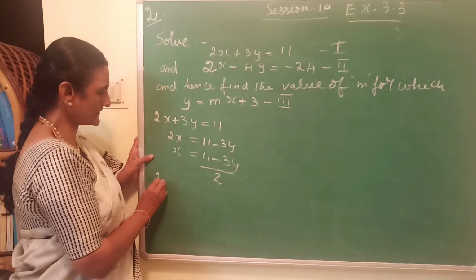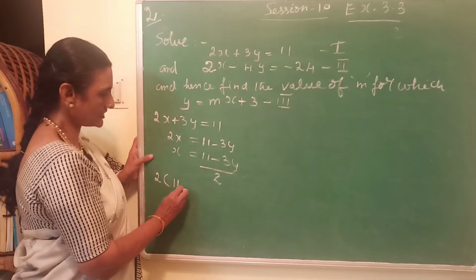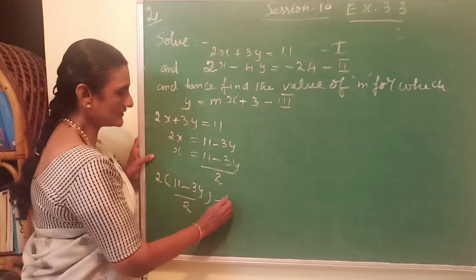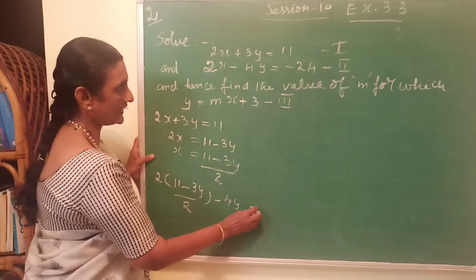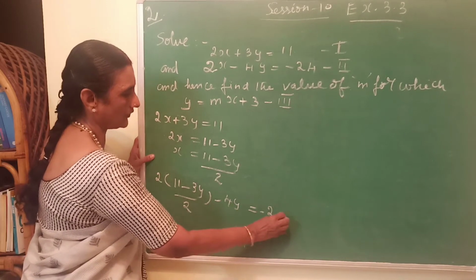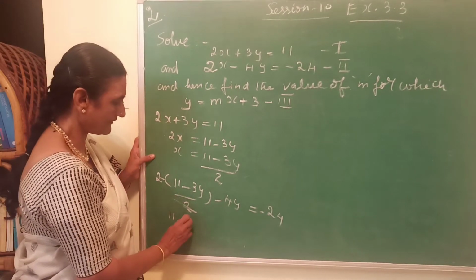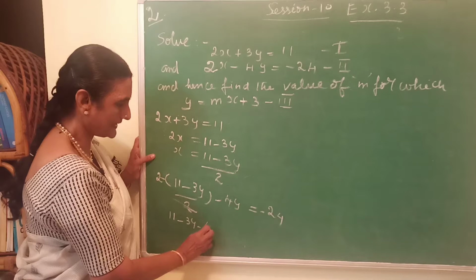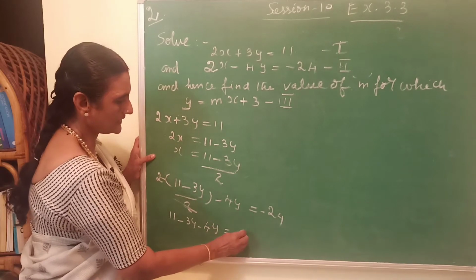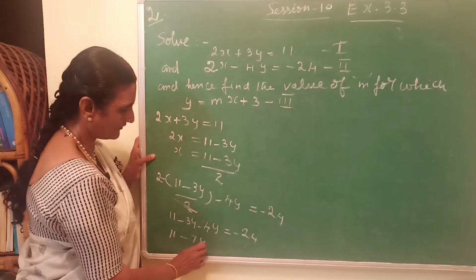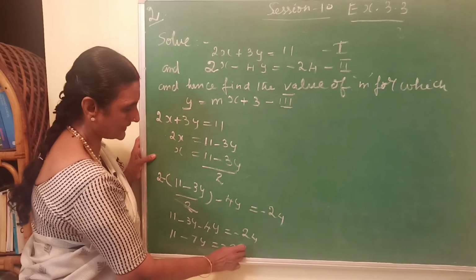So, if you substitute, it is 2 into (11 minus 3y) by 2 minus 5y is equal to minus 24. This 2 and 2 will get cancelled. So you get 11 minus 3y minus 5y is equal to minus 24. You will get 11 minus 8y is equal to minus 24.